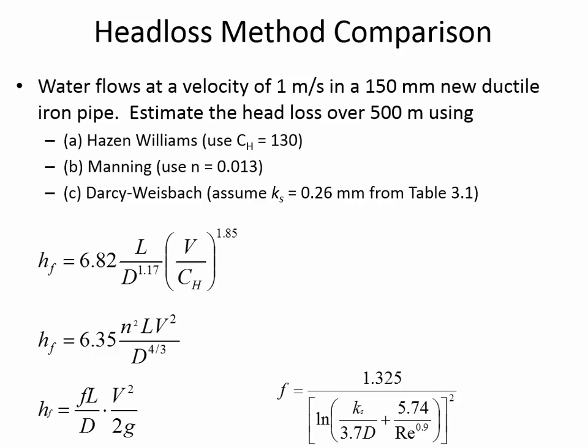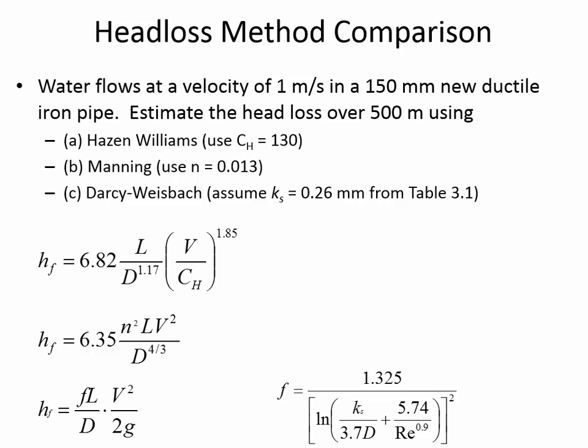So if we put that into the Jain equation to get our F value, we have 1.325, and in the denominator the logarithm of 0.26 millimeters, which is the equivalent sand roughness for this pipe, ductile iron, and then 3.7 times diameter of the pipe, 150 millimeters.